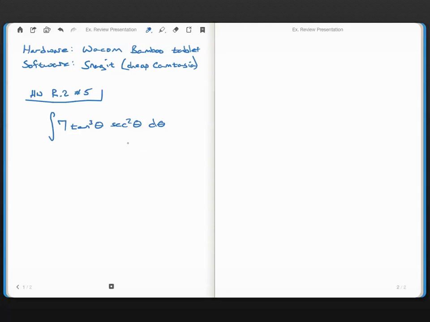Again, it's going to be U substitution. So I notice that if I pick U to be tangent of theta, then my du conveniently equals secant squared theta d theta. Well, that's nice because what's nice about this one is I can easily go multicolored.